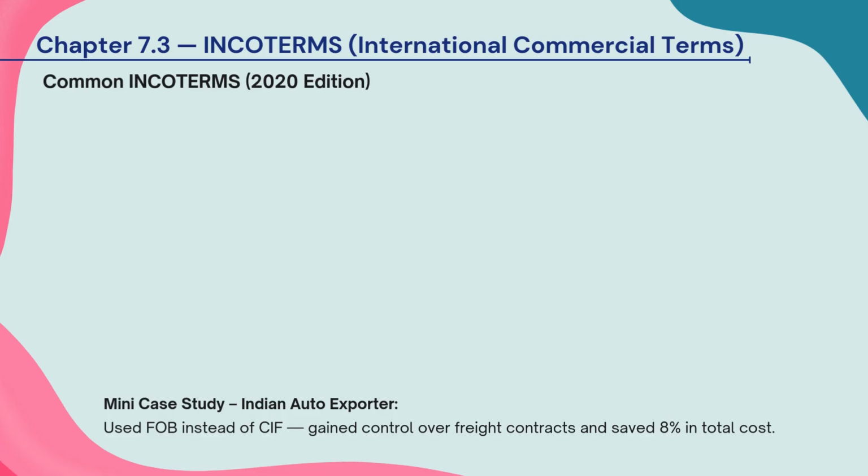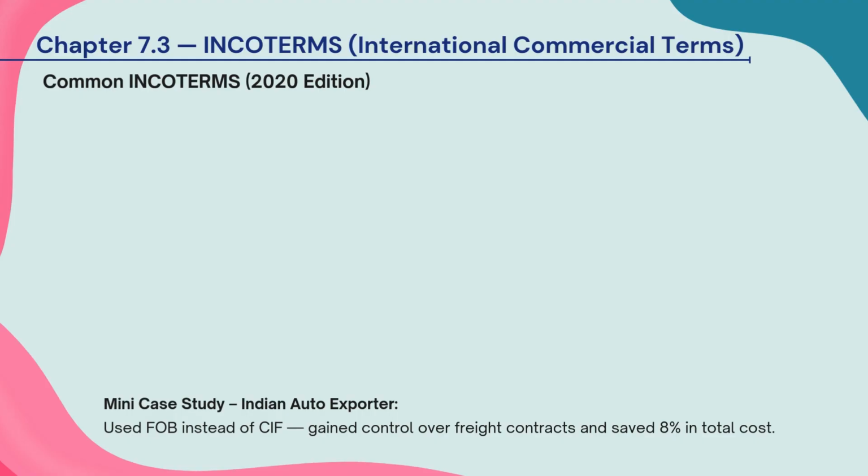DDP, seller carries the maximum responsibility, delivers to buyer's warehouse with duty paid. DAP, seller delivers to buyer's location but buyer pays import duties. The mini case study shows how an Indian auto exporter saved 8% by switching from CIF to FOB, gaining more control over freight contracts.